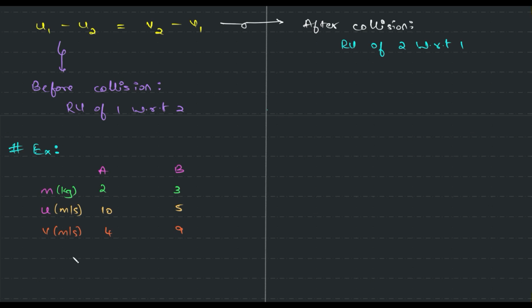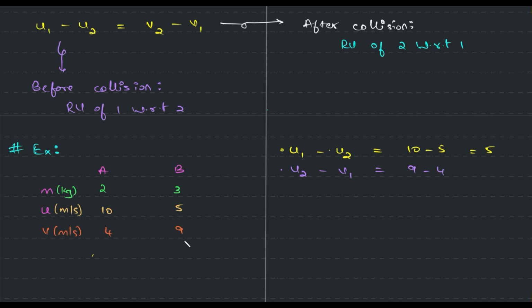So what we're looking at is u1 minus u2 will be equal to, what is u1? u1 is 10 minus 5, equal to 5, right? And v2 minus v1, v2 is 9 minus 4.